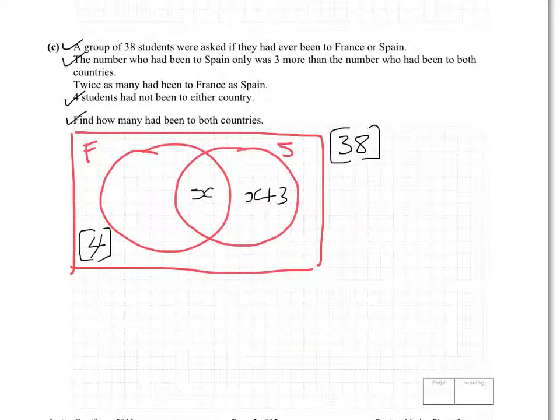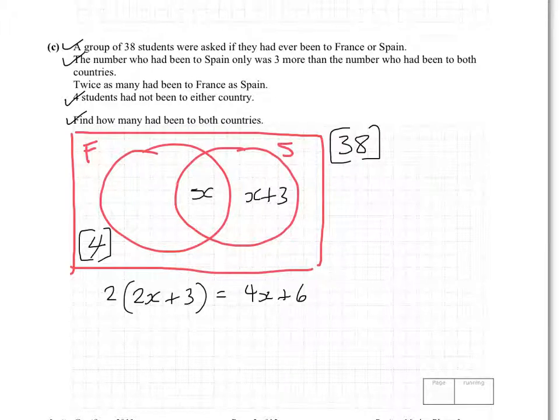And our final piece of information is the statement that twice as many had been to France as Spain. So what they're saying is the total number of people who have been to France, including those people who have been to both, is twice as much as those people who had gone to Spain, which is 2x plus 3. So twice that is 4x plus 6.